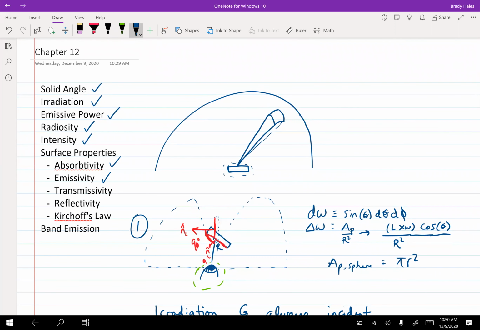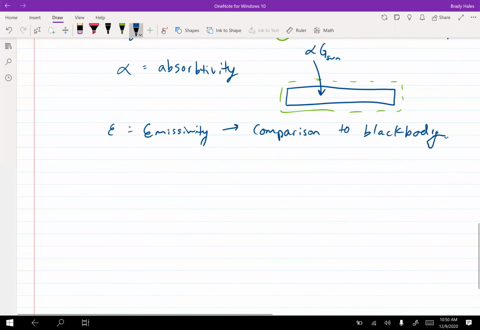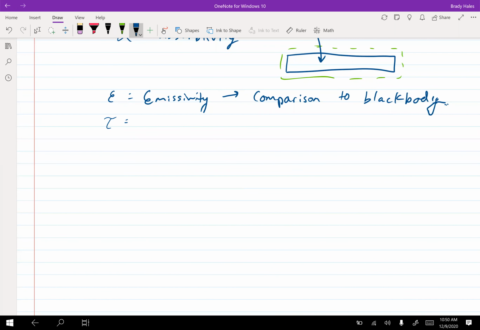Okay, we have transmissivity. That's this tau term. That's how much passes through, right? So like this was the absorber plate. In your project for your solar water heater, you might have this absorber plate here.